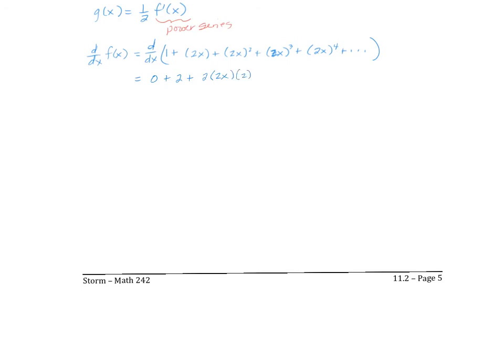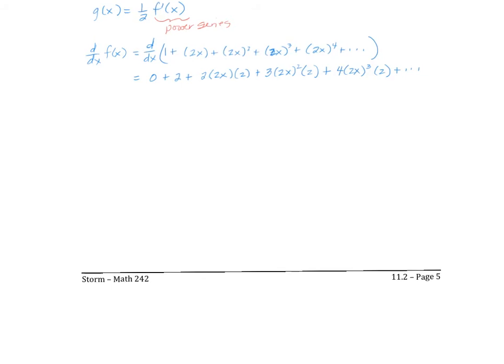And I'm not going to simplify that because my goal here is to find a pattern. So 2x to the third power becomes 3 times 2x squared times 2 plus 2x to the fourth power becomes 4, 2x to the third times 2, and so on. So this is what my f prime of x is.